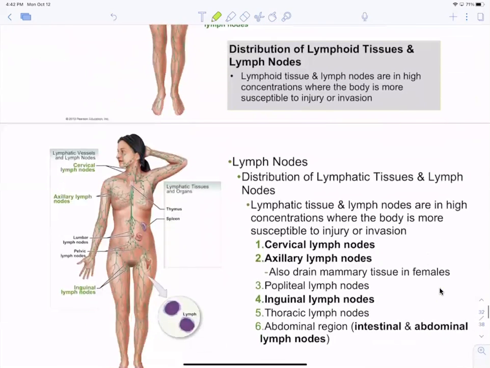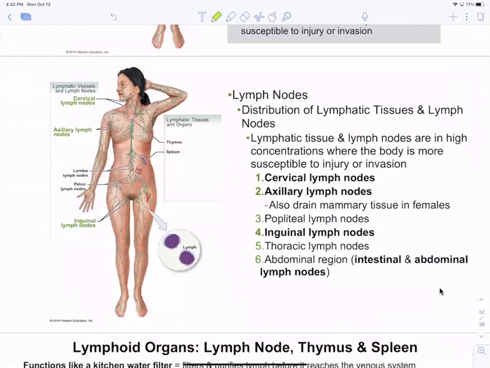Lymph nodes tend to be distributed in areas where things attach to the thorax. So if you think about this, you have your heart and lungs, super important stuff in here. And so most of the time, the lymph nodes are going to be where the arms attach, where the head attaches, and where the legs attach, right?